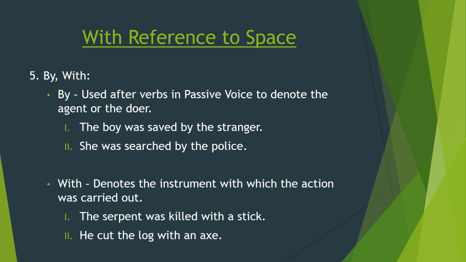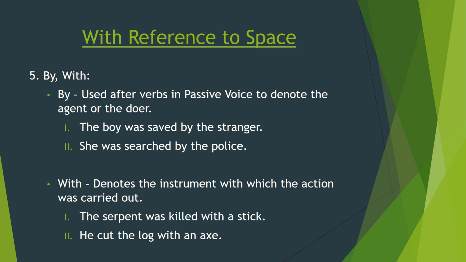Whereas the preposition with denotes the instrument with which the action was carried out. By goes with the agent, and with goes with the instrument by which the action is carried out. Example, the serpent was killed with the stick. Now, with what was the serpent killed? With a stick.